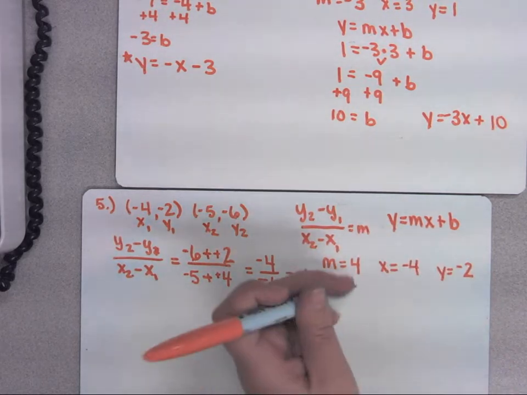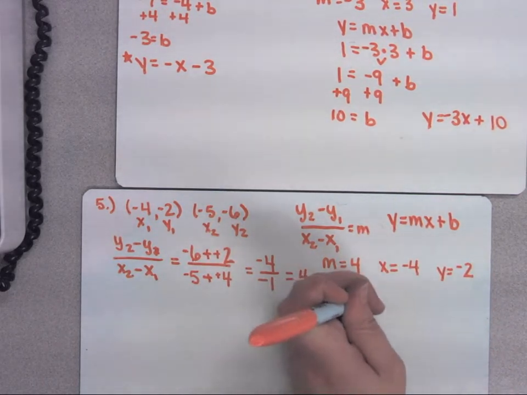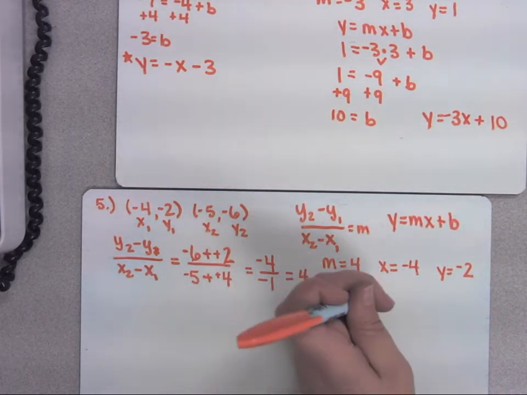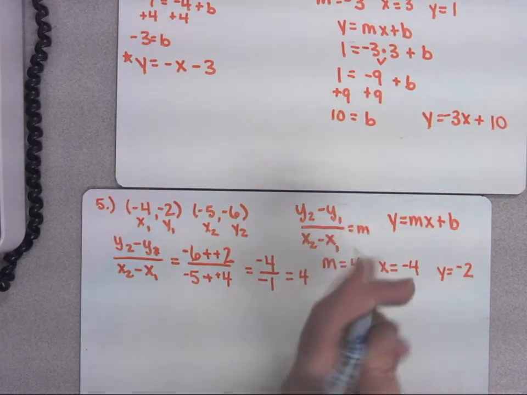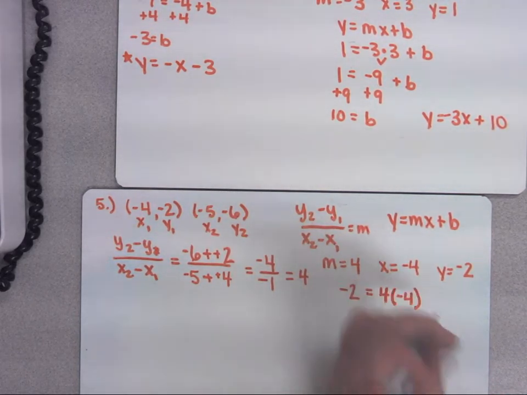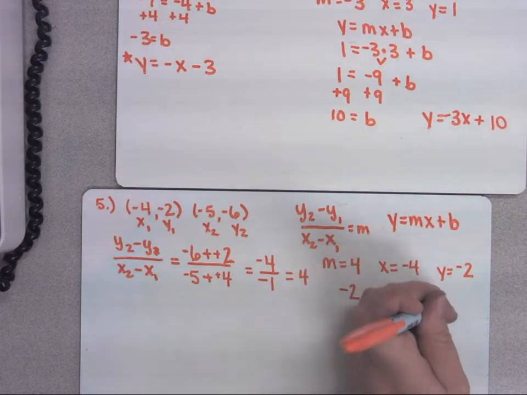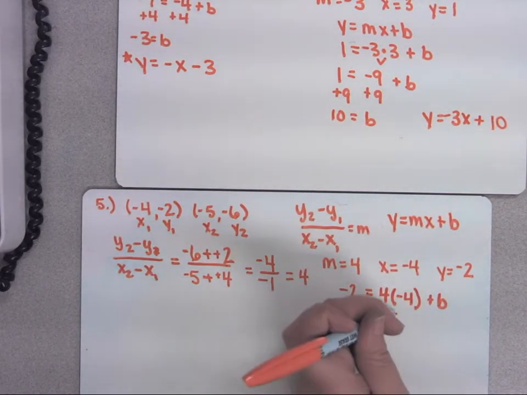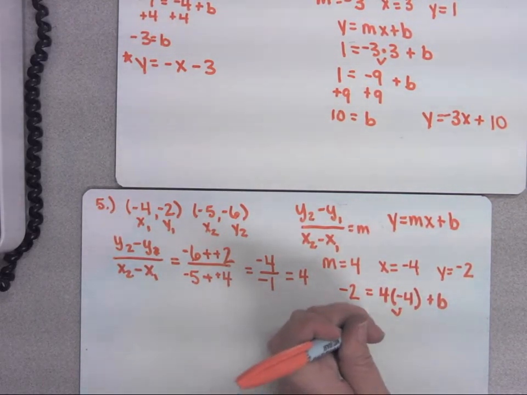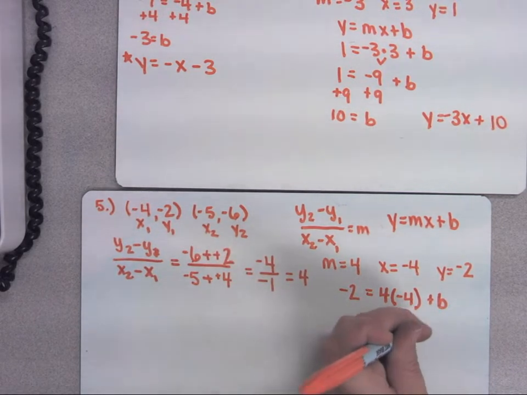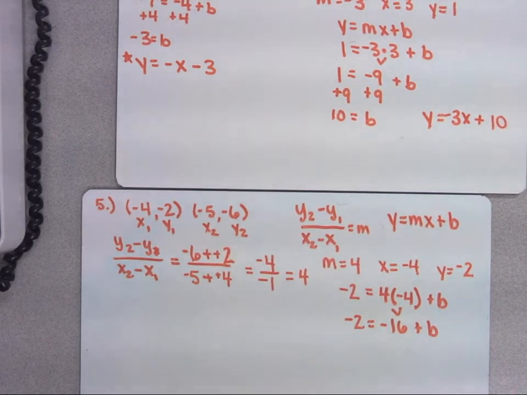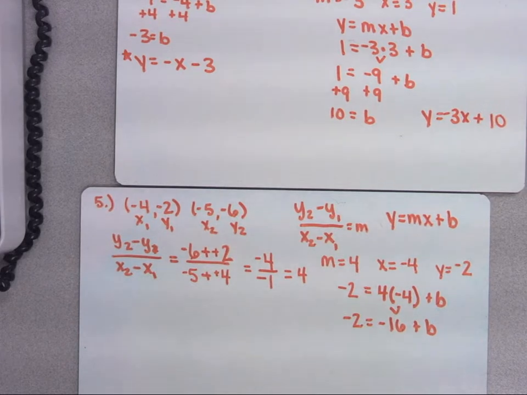So plug in y first because it's first, equals, and then m times x plus b. Always multiply. What do we do to get b by itself?